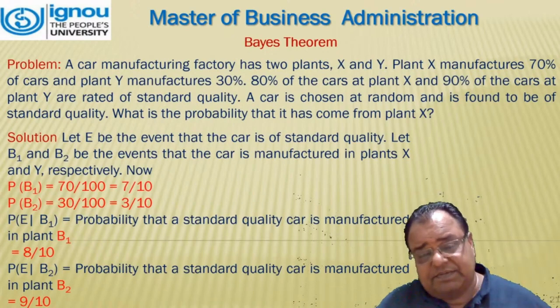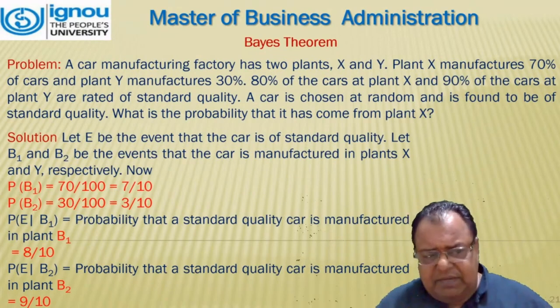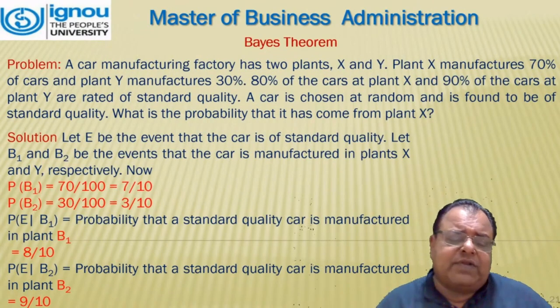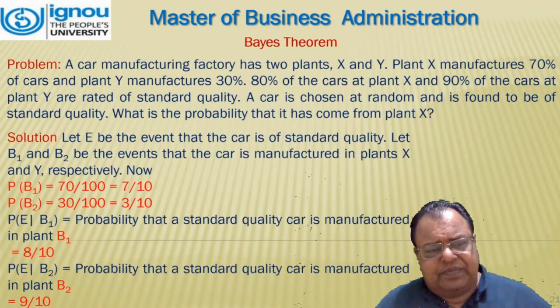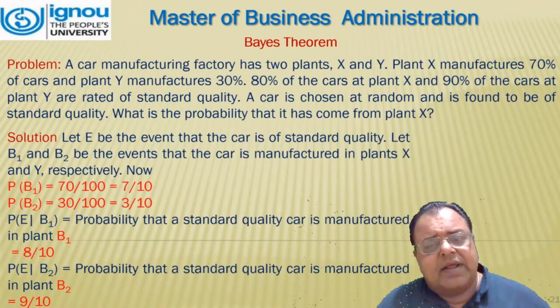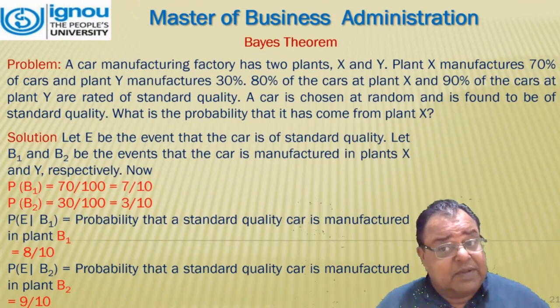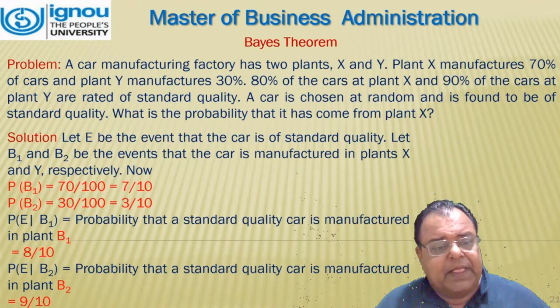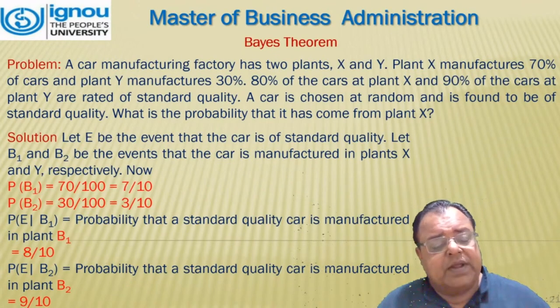We have two plants, X and Y. Since the event is of selecting a standard car, we can say that there are two plants, X and Y. We will, in this problem, refer to their probabilities by B1 and B2. That means probability of B1 is 70% of the production. 70% means 70 upon 100, which comes out to 7 by 10.